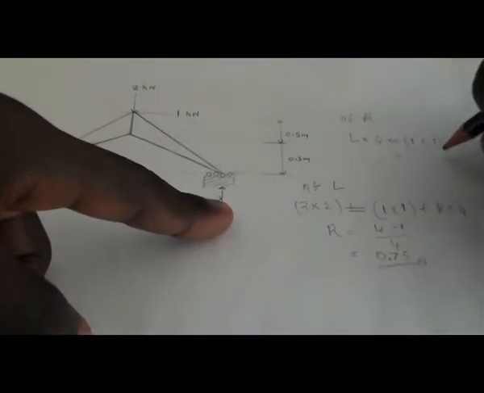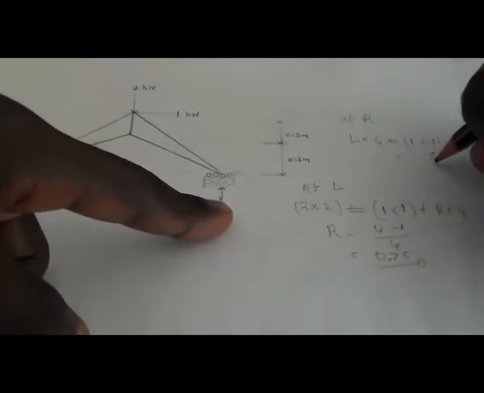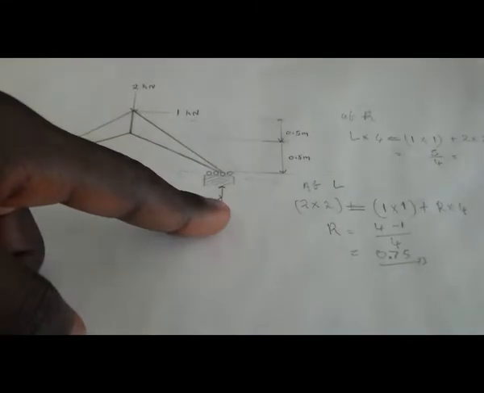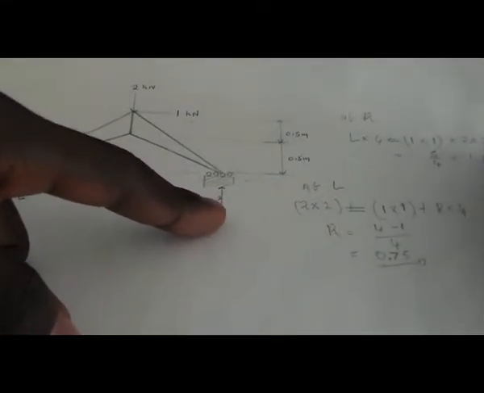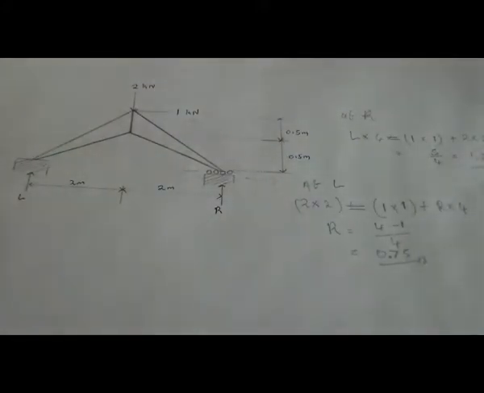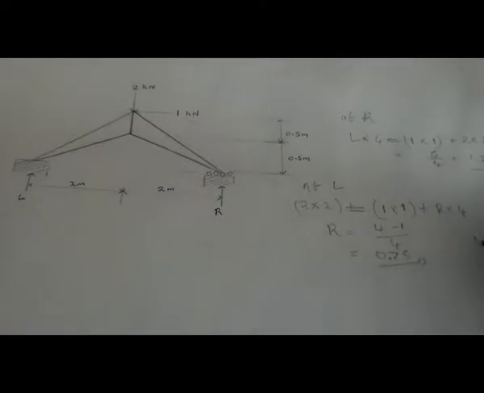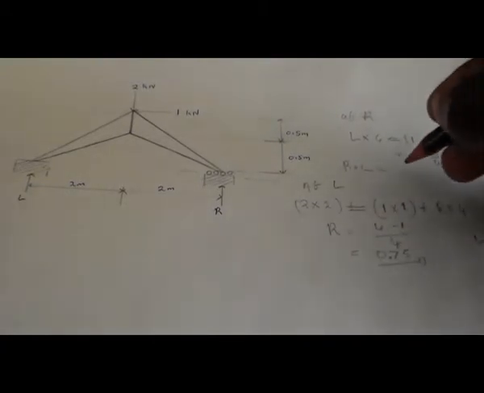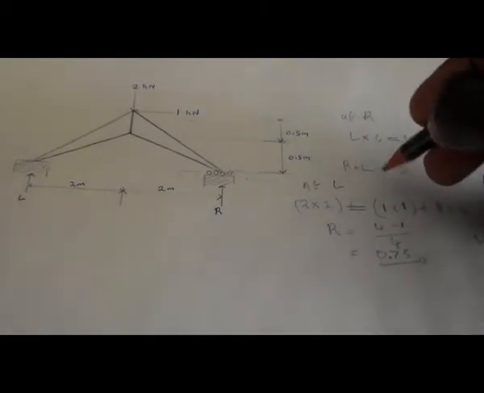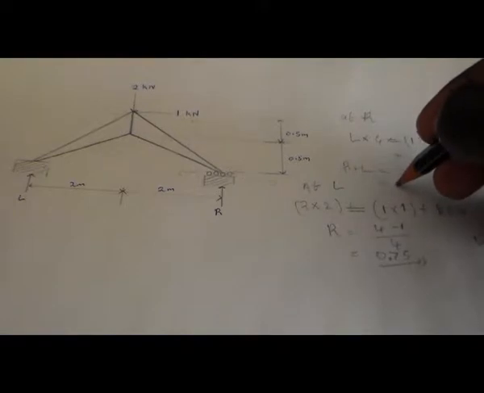So it's going to be 5 over 4, which equals 1.25. Then if we balance our forces, adding the right plus the left gives us 2, and the downward forces are also 2.